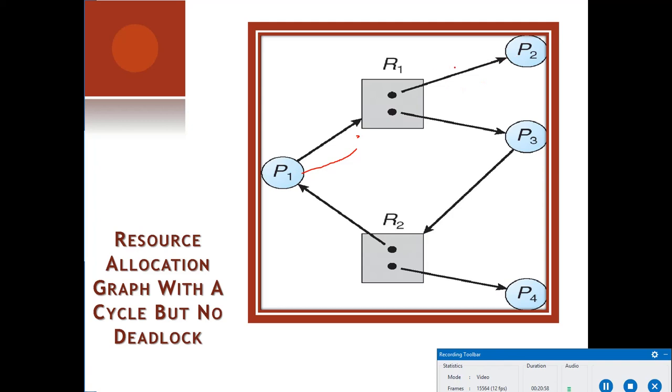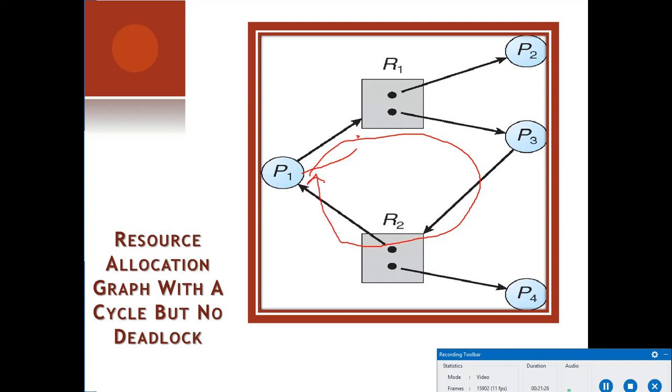In the same way process P2 is holding resource R1 but it is not requesting anything. Process P3 is also holding resource R1 but it is requesting resource R2. An instance of resource R2 is given to process P4. Now if you see, there is a cycle from P1 to R1, then P3, then R2, then P1. This cycle exists here.